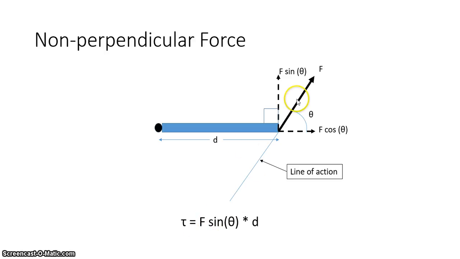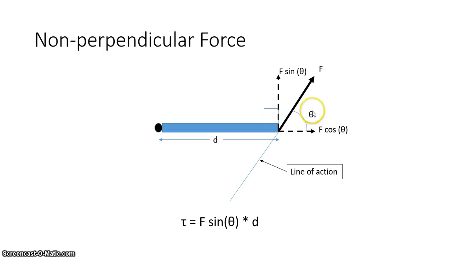So again, we didn't necessarily move the force. All we did was keep it in the same line of action, so that its effect on the body itself is still the same. Instead of putting the force vector here, we moved it along the same line of action, put it here, and then broke that force vector into its components.